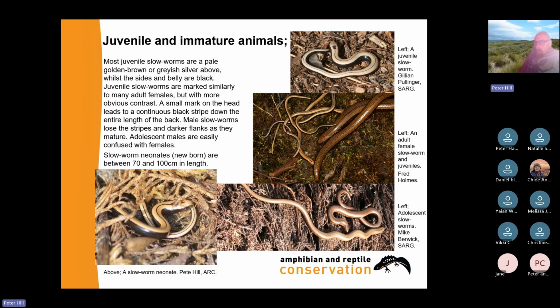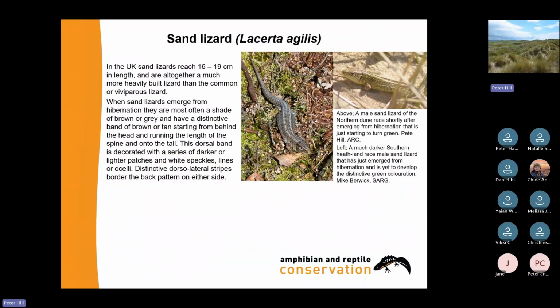Doesn't happen to me so much now. The first time I discovered that was when we had to physically handle some slow-worms, and somebody said it was a female, and it became obvious that it wasn't when it decided to defecate on my hand, and everybody could plainly see its hemipenis extended, so it was a male, not a female.